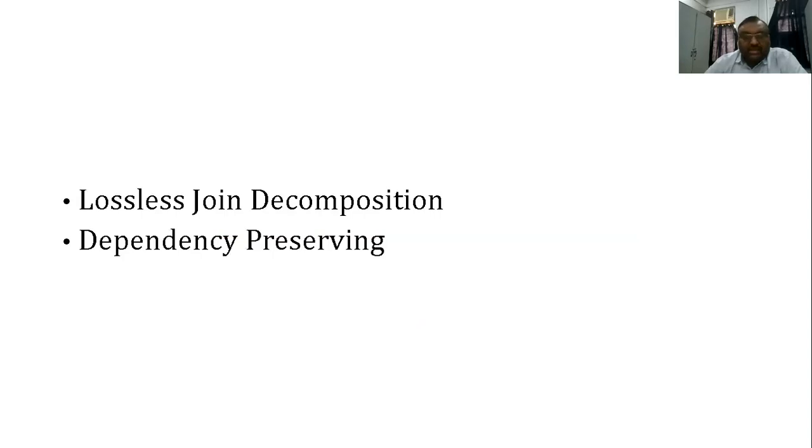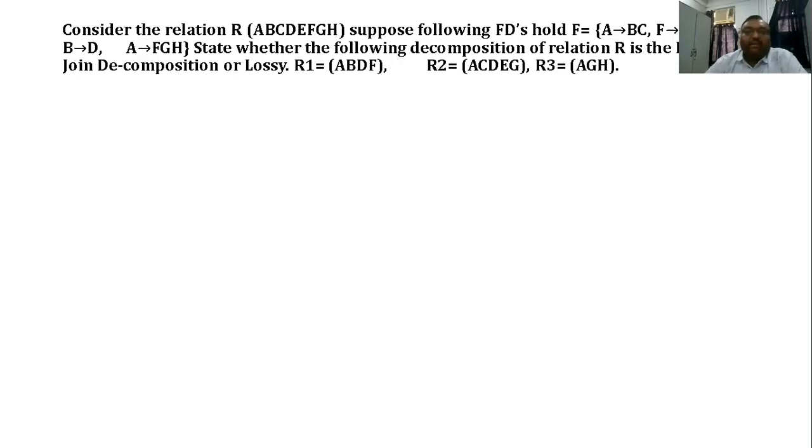In this lecture, I'm going to discuss how to check lossless join decomposition. I hope all of you are able to understand the method. Consider the relation R(A, B, C, D, E, F, G, H), and suppose the following FDs hold.